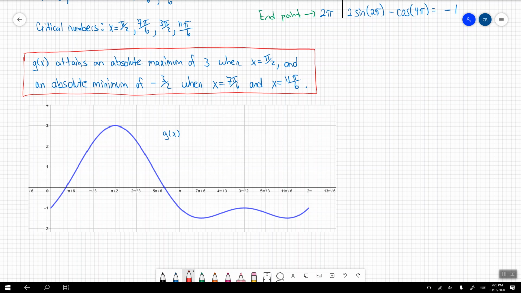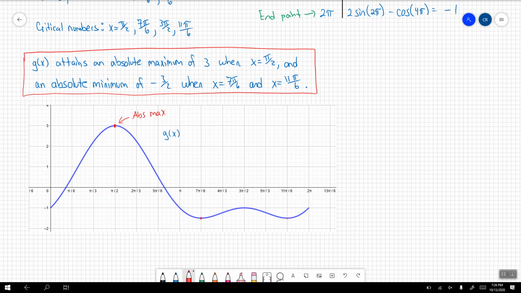Now, here we can definitely see that on this bounded interval for g of x, we clearly see this maximum here, and it's definitely an absolute maximum. And the absolute maximum occurs at pi halves, and it's a value of 3. That's exactly what we wrote down. G of x attains an absolute maximum of 3 when x is equal to pi halves. Awesome. We also see that this function attains a minimum, and it's the absolute minimum on this given interval.